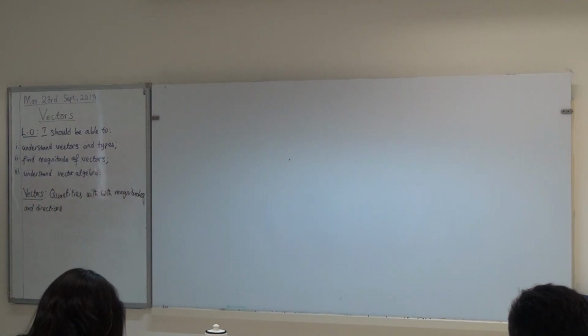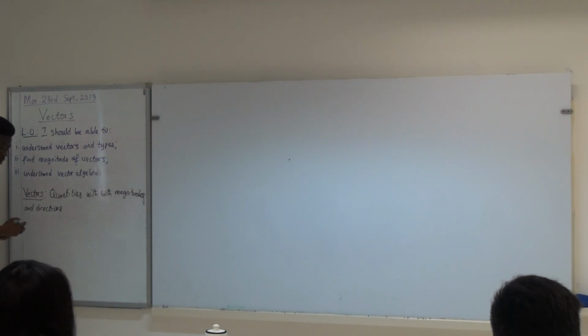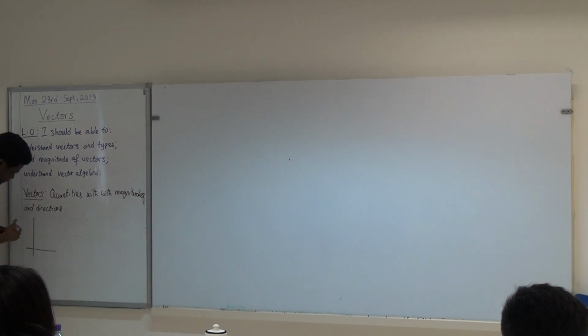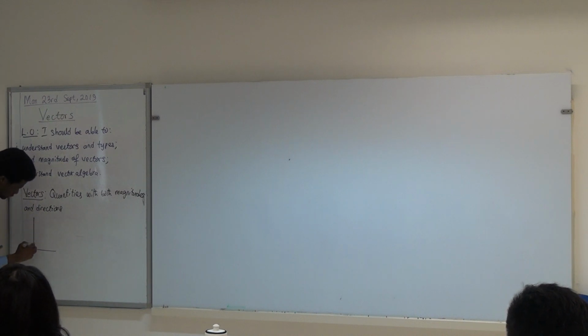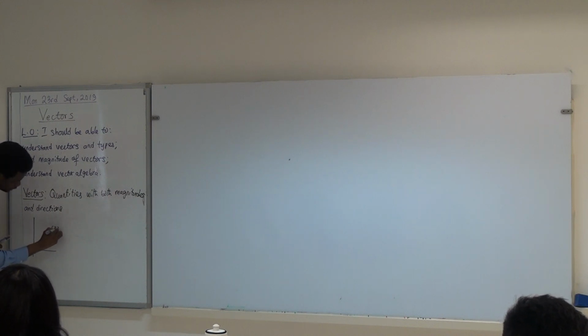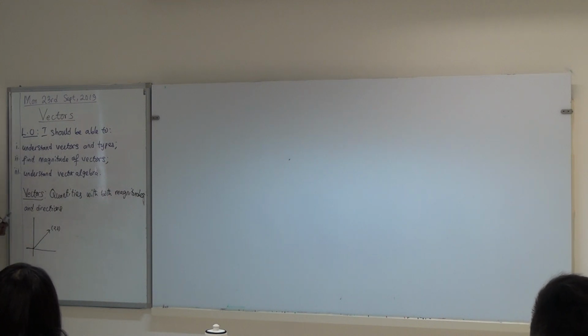We represent them in different ways. The arrow that someone was talking about. So if on my xy plane, my vector goes from this point to this point, and the coordinate of this point is (2, 3), it means the distance from here to here is 2, and the distance from here to here is 3.